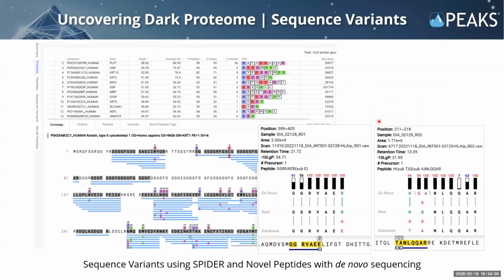So a little bit more mention about SPIDER. De novo sequencing has been used with sequence variants in DIA to provide a deeper discovery for you. And this really is unique to Peaks for DIA to be able to look for sequence variants. We have a de novo sequencing algorithm for DIA, and we particularly adapted SPIDER to DIA to be able to find sequence variants.